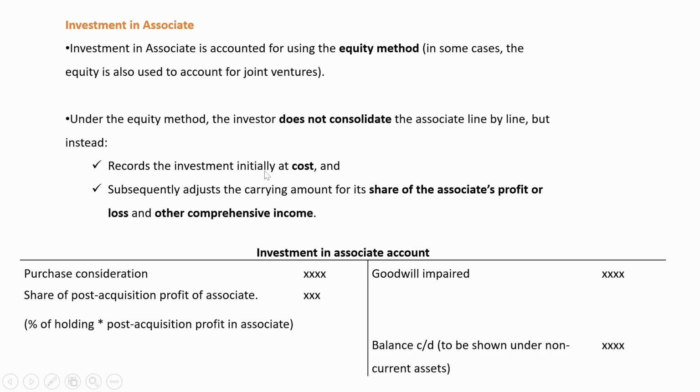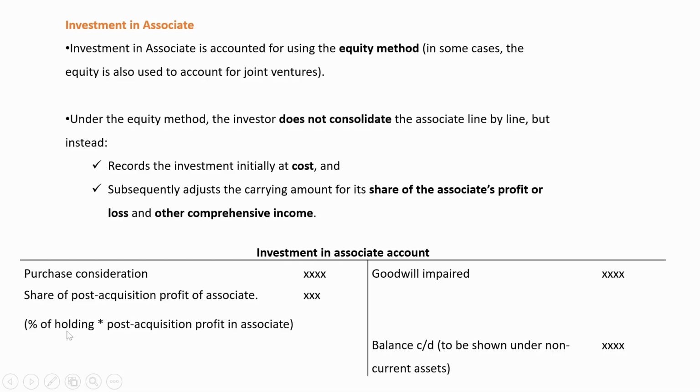Record the investment initially at cost. That will be shown under non-current assets of the parent. At the end of the year, this value will be adjusted because the parent will share some profit from the associate. That profit is called post-acquisition profit because it is profit after the date of acquisition to the balance sheet date.